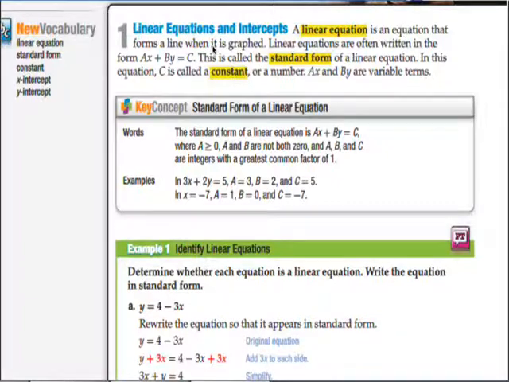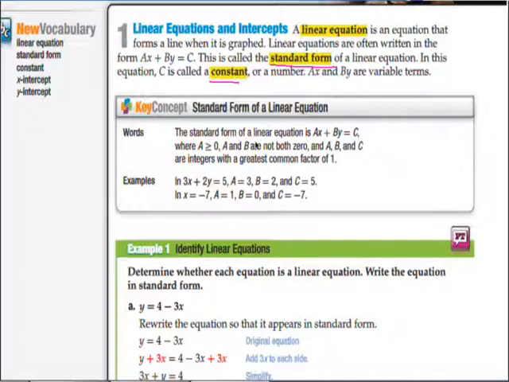So standard form is something that we're going to have to be able to use and understand. Standard form is ax plus by equals c. C is typically referred to as the constant, or just a number, and ax and by are both variable terms.